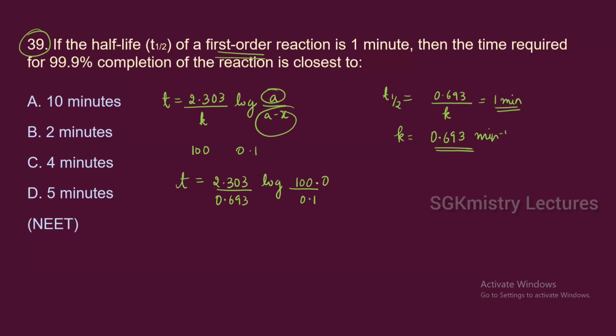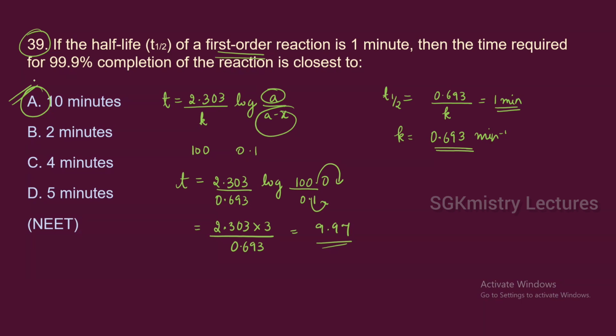If I shift the point, we have log 1000. Log 1000 is 3, right? So 2.303 into 3 divided by 0.693 gives almost 9.97, which is equal to 10 minutes. So we have the answer, that is option A, 10 minutes.